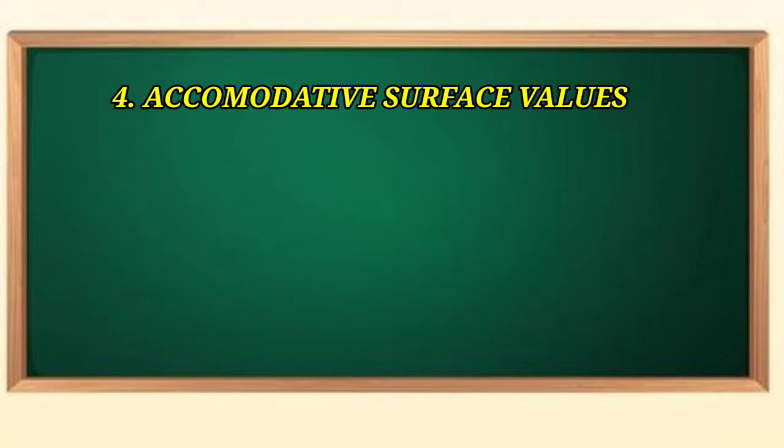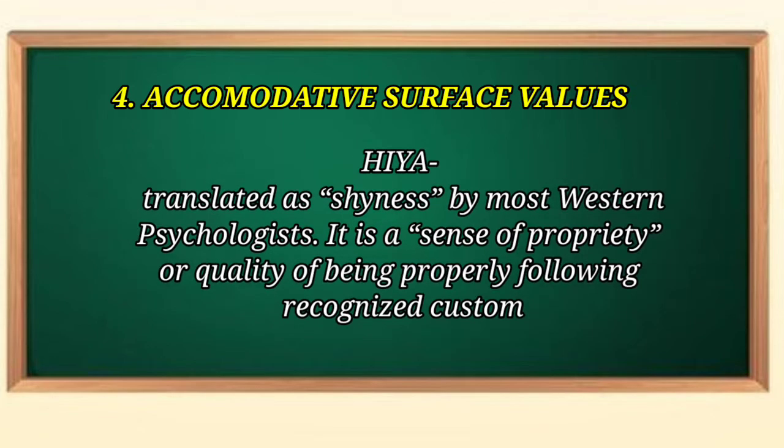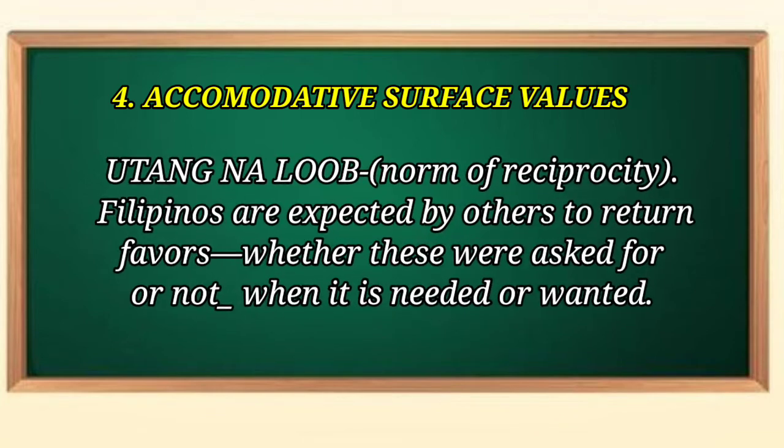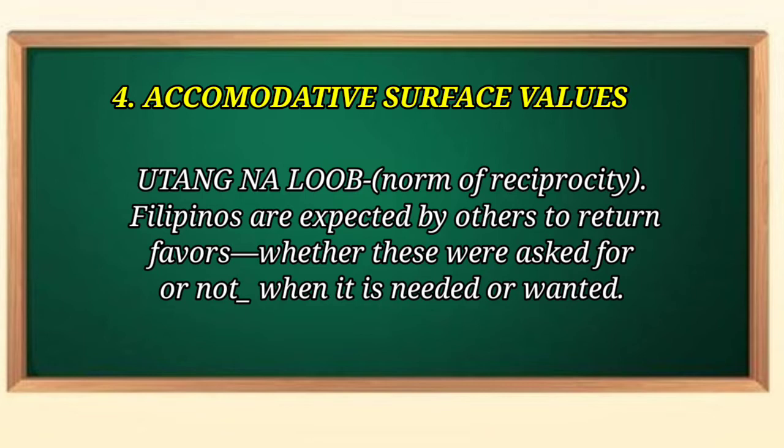The fourth stage and manner of social interactions in Filipino is the accommodative surface values. Number 1, hiya, translated as shyness by most Western psychologists. It is a sense of propriety or quality of properly following recognized custom. Number 2, utang na loob or norm of reciprocity.